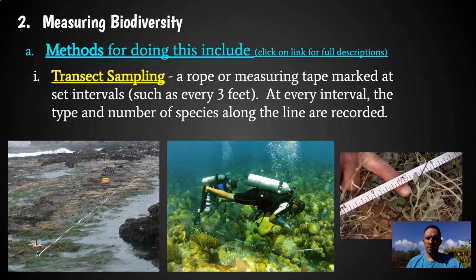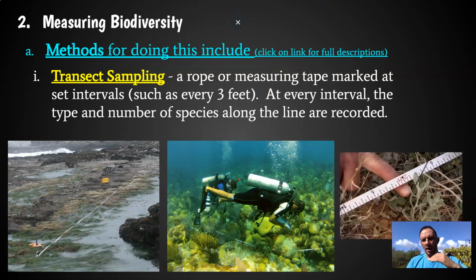Maybe it's a GPS point, but usually it's a marker. And then you'd attach a line to it from point to point, going from here to here. And every year you'd come back and do that, and you would mark what you would see along that line, seeing if biodiversity is stable, if it's increasing, or if it's decreasing, and you want to figure out why you see those trends. Transect sampling is done in intertidal areas as well.